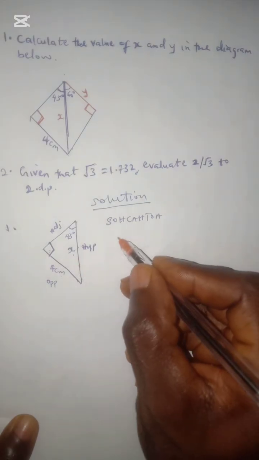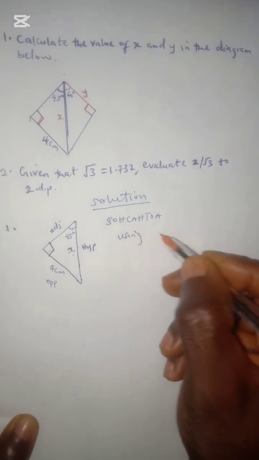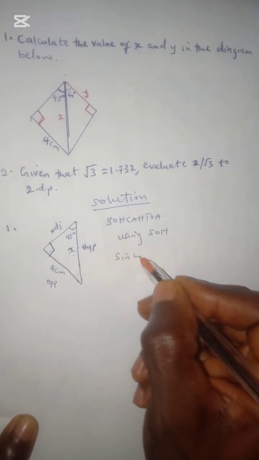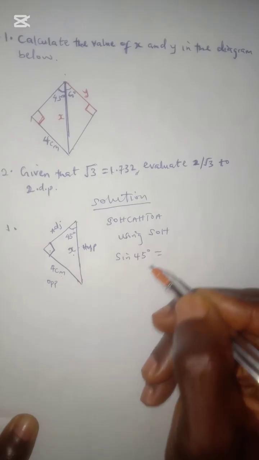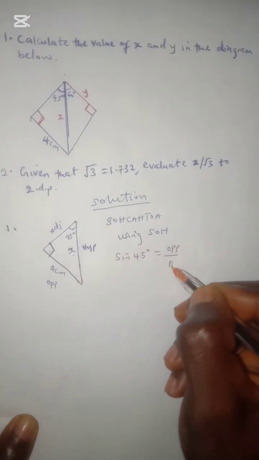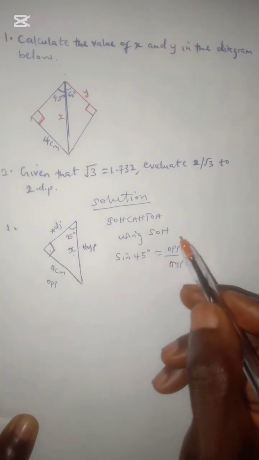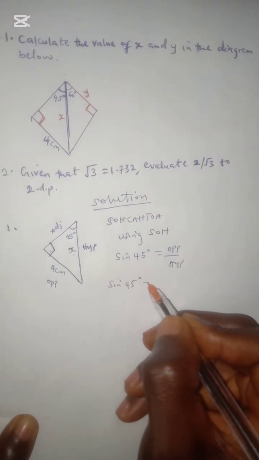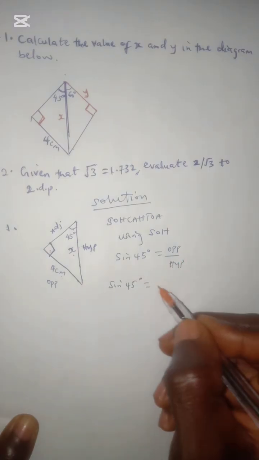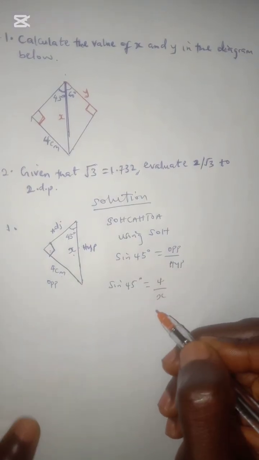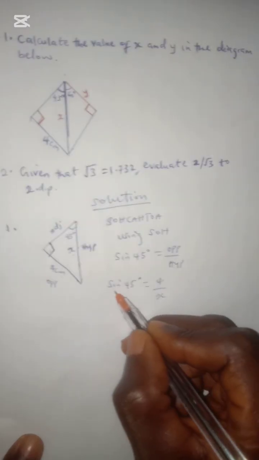So sine 45 degrees equals opposite over hypotenuse. The opposite is 4 centimeters, over the hypotenuse, which is x, the unknown.